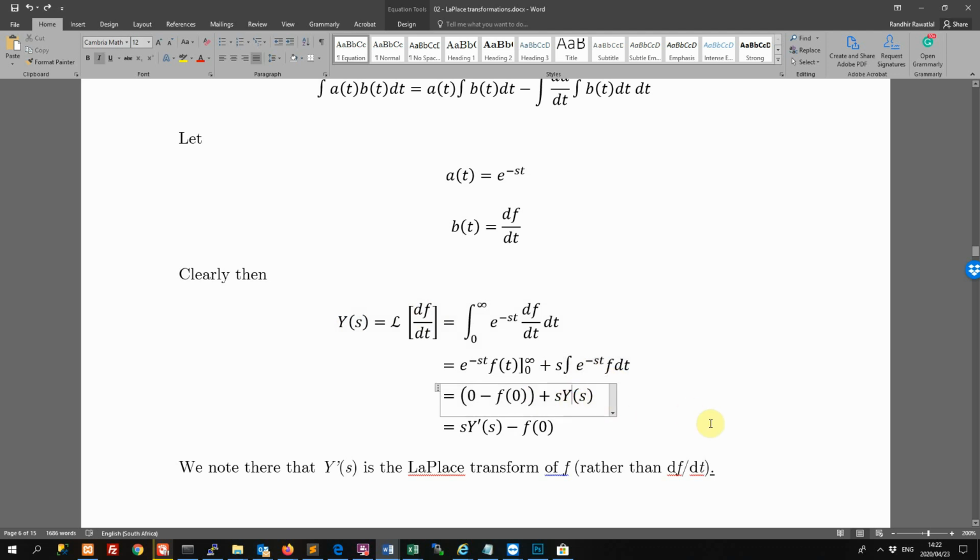So we'll just call that y primed. And this doesn't mean differentiate with respect to s or anything like that. This is just y dashed to say this is y, which is composed from f, not df dt. So that's the second part of the integration by parts. So coming back to the first term, we now have to evaluate between the limits.